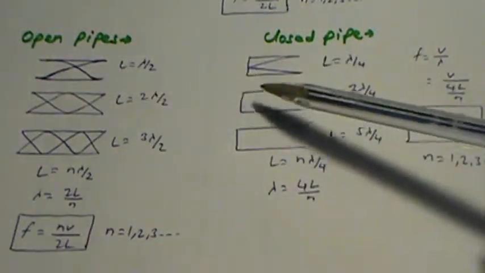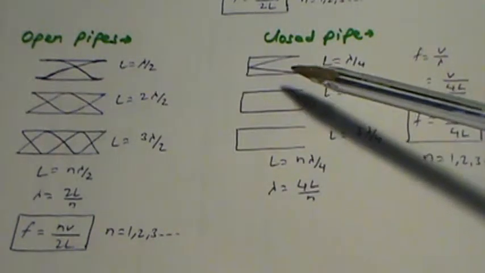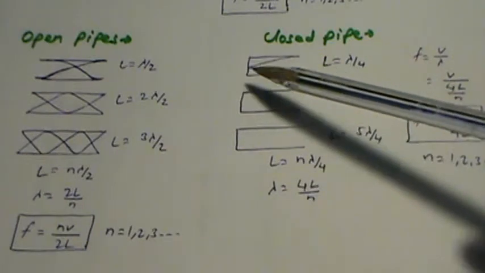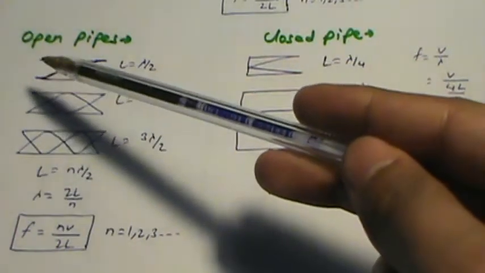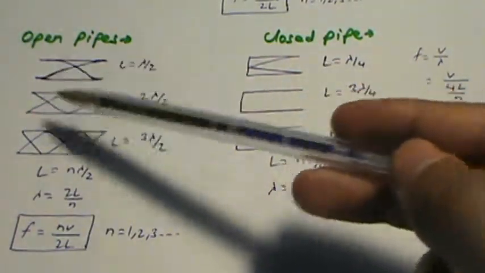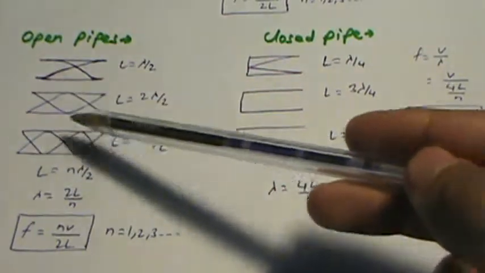And similarly in the closed pipe, the open part of the pipe has an antinode in it, and the closed part has a node. So you have to draw in such a way that the antinodes are always at the open ends. So in this case you're going to come down here, go up here. In the second case you have to do it like this.